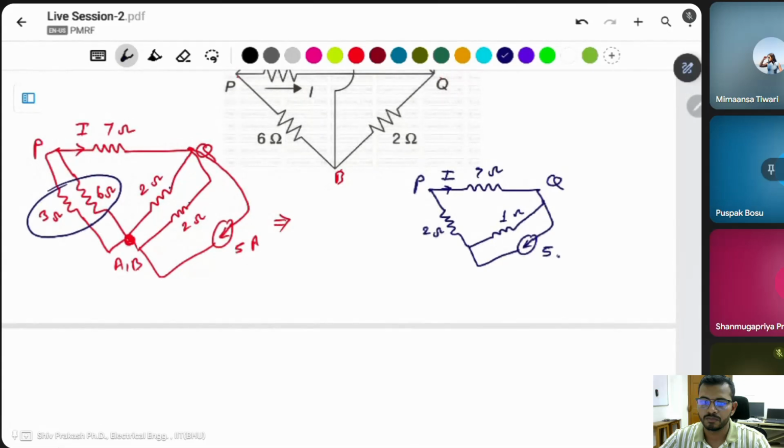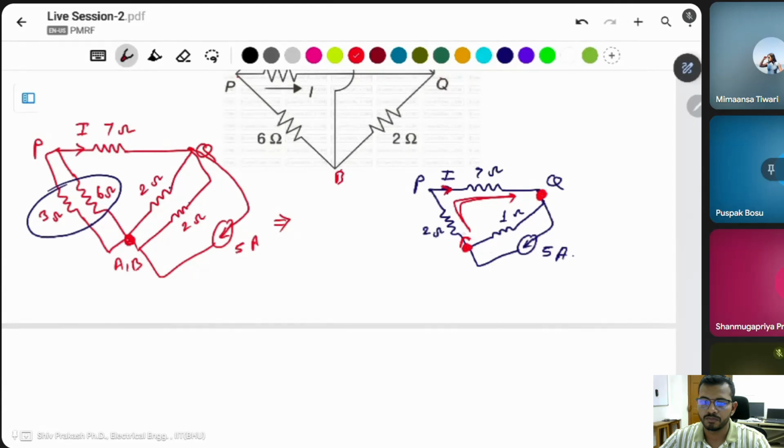This is the 5 ampere current. Then what is this current? This current is the same as this current, because these two resistances are connected in series only. If you find this current, then the other will be the same. The current source has this point and this point.